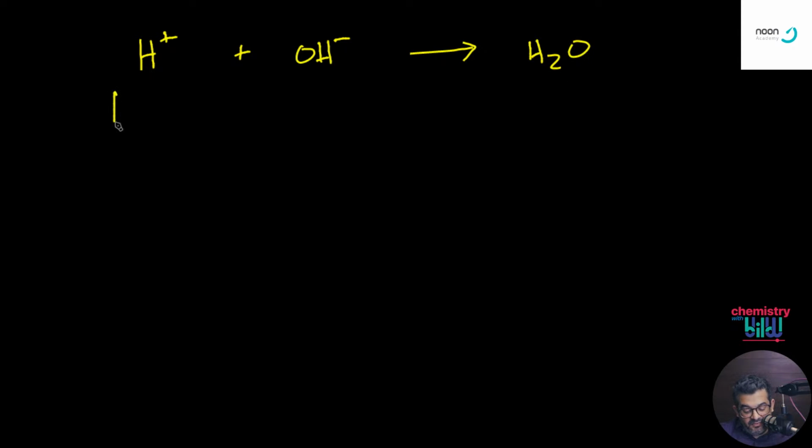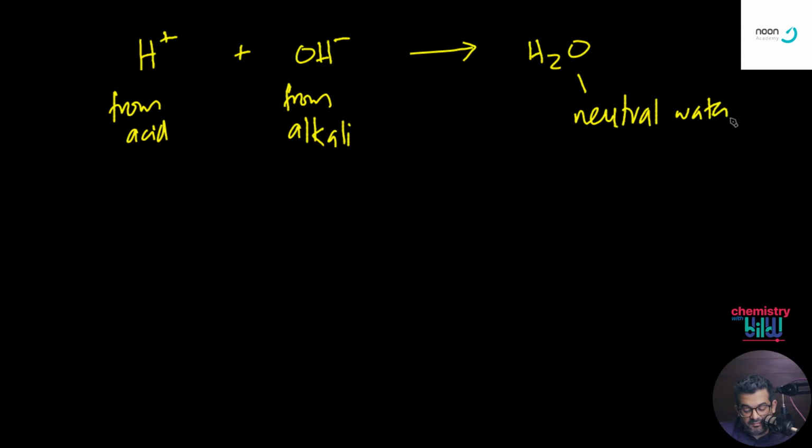H plus ions from acids react with OH minus ions from alkali to make neutral water. This reaction is known as neutralization, meaning that if you have an alkali, you can add an acid to neutralize it, or if you have an acid, add an alkali to neutralize it.